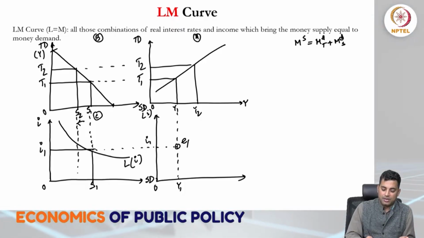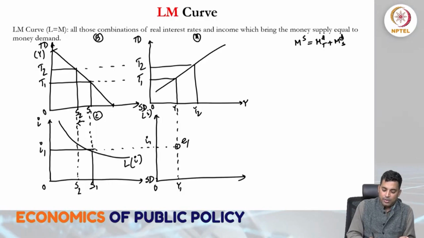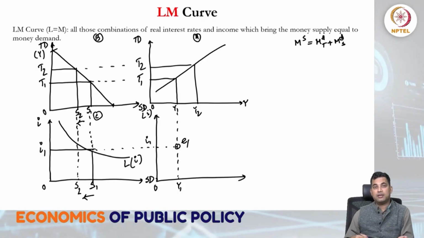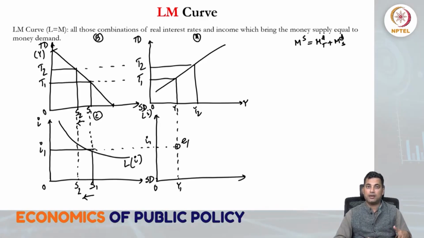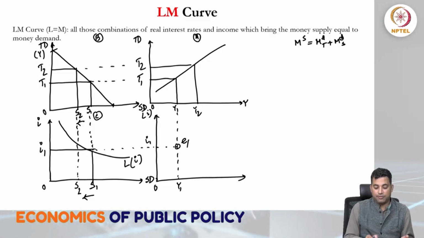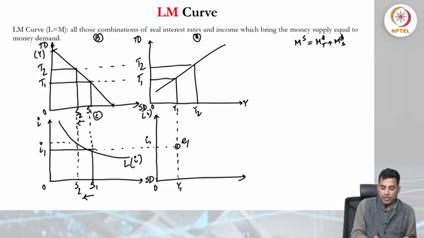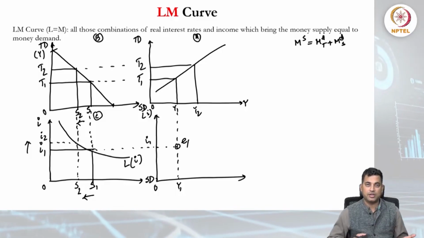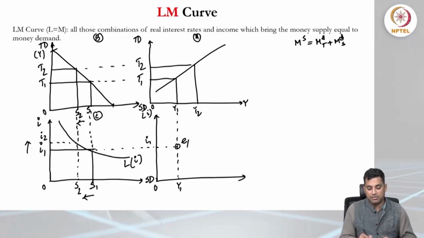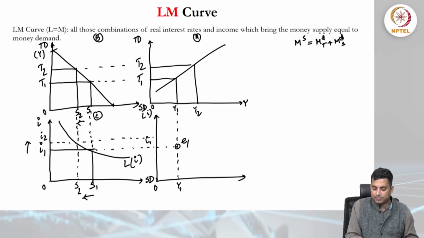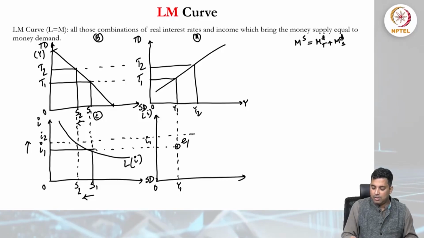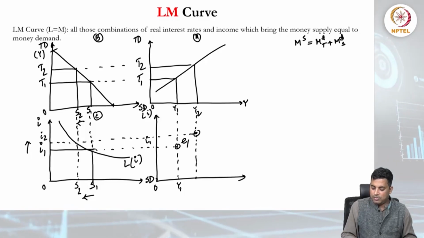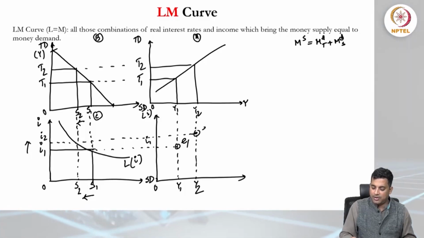If speculative demand for money is reduced, money is becoming costly, so the rate of interest will go up, say I2. So here is the inverse relationship between speculative demand for money and rate of interest. With a higher level of output, we get a higher rate of interest.